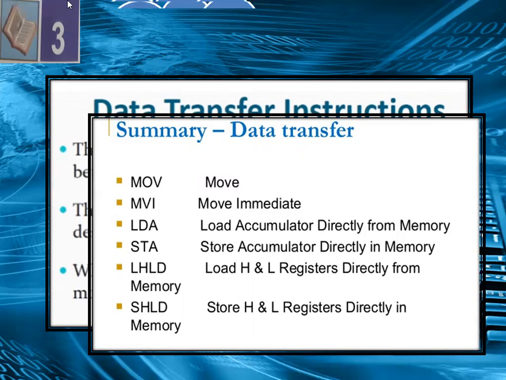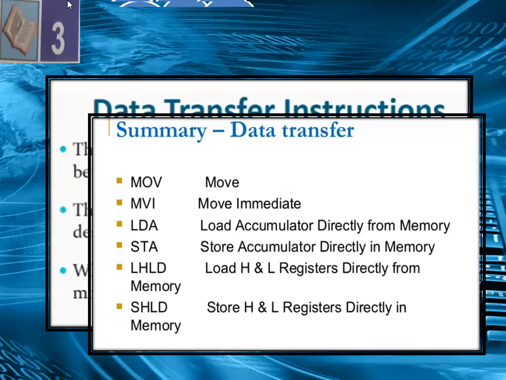Examples of some common data transfer instructions are MOV, move. This is a data transfer instruction. And then we have MVI, move immediate; LDA, load accumulator directly from memory; STA, store accumulator directly in memory; LHLD, load H and L registers directly from memory; SHLD, store H and L registers directly in memory.